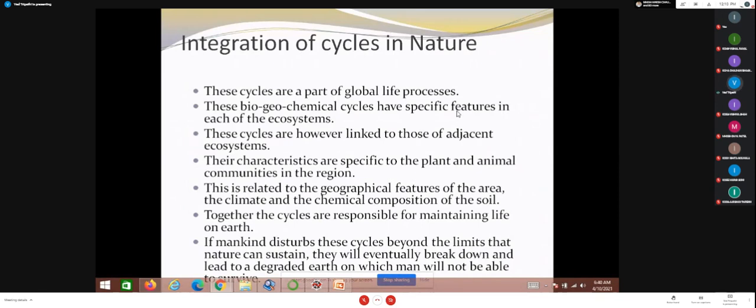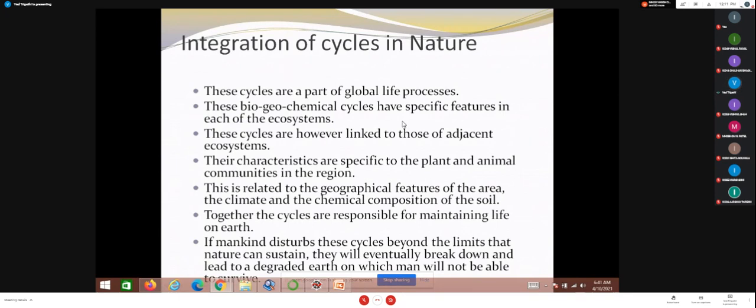Okay, so these cycles are linked to each other, and their characteristics are specific to the plants and communities in that region. So the plants and animals have adapted themselves to those kinds of conditions. This is related to the geographical features of the area, the climate, and the chemical composition of the soil.